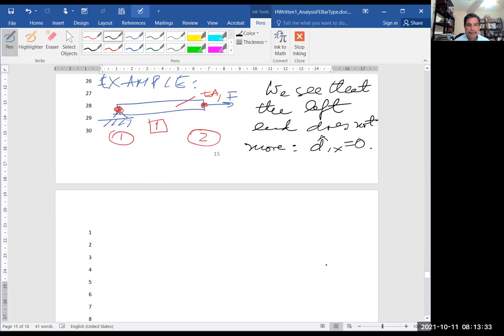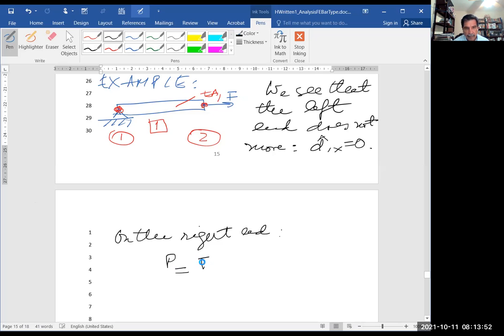We can say that on the right end, we know that P is equal to the force F. This is an external force, but it's also known.